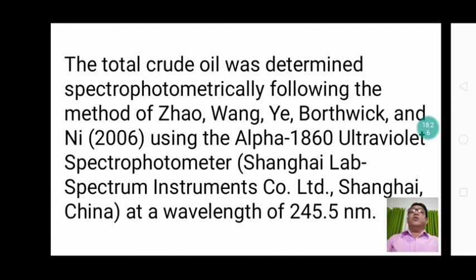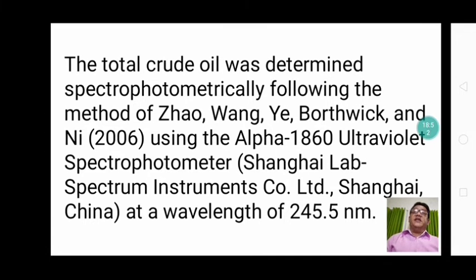The total crude oil was determined spectrophotometrically following the method of Zhao, Wang, Ye, Borthwick, and Me in 2006, using the Alpha 1860 ultraviolet spectrophotometer, Shanghai Lab Spectrum Instruments Company Limited, Shanghai, China, at a wavelength of 245.5 nanometers.